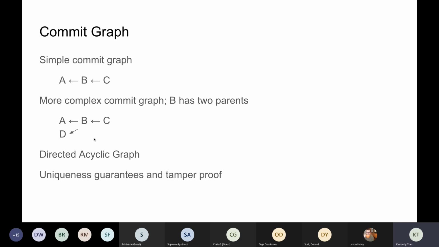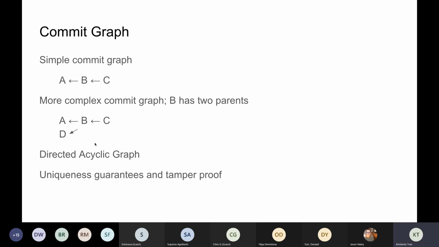What that means is that there are no cycles in this graph. You can traverse from C, and you may see a node more than once because it's a graph, but you'll never get back to C itself. So from C, you can always get a deterministic set of nodes that were used to get to C itself.